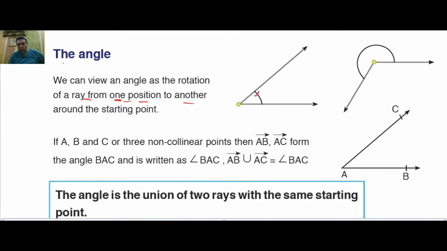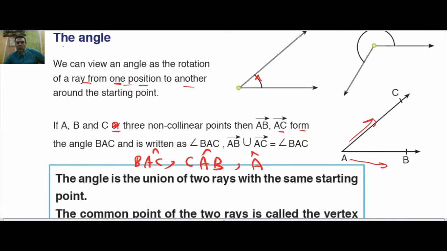If A, B and C are three non-collinear points, meaning they do not belong to the same straight line, then AB ray and AC ray form the angle BAC, or CAB, or angle A.